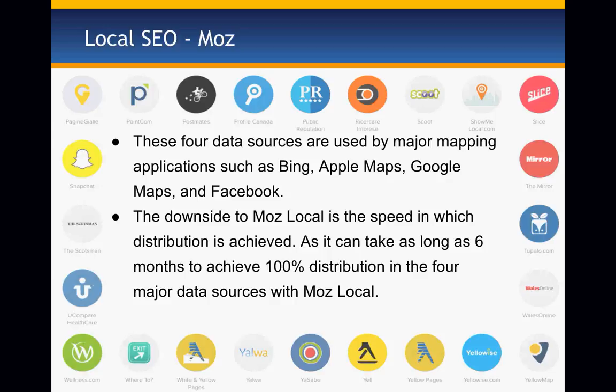I don't know how it would work if you had citations being sent twice and 3 times, but it seems like the 4 major aggregators are the main ones sending out information. So as long as your information is correct there, it's usually going to be correct in the lower, smaller citations. So it's important to make sure that those are the most accurate.